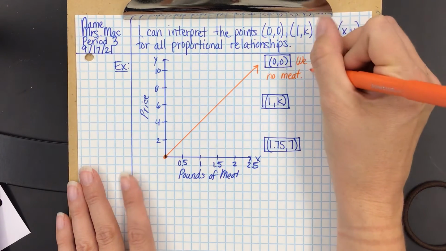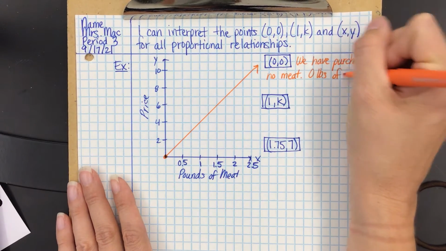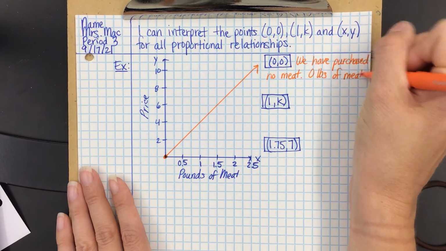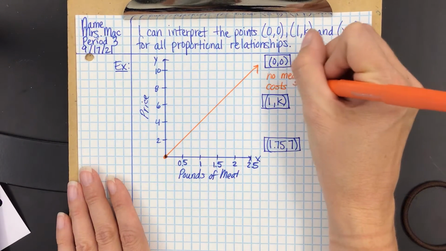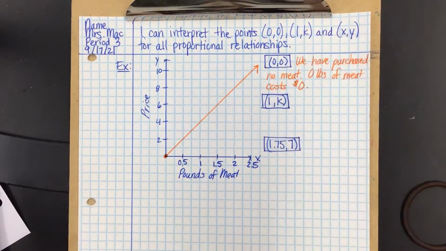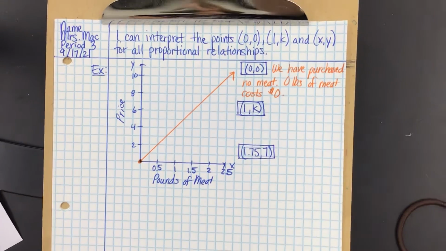And we can also say that 0 pounds of meat costs $0, which makes sense, right? You shouldn't get charged for not buying any meat. If you want meat, you have to pay for it.